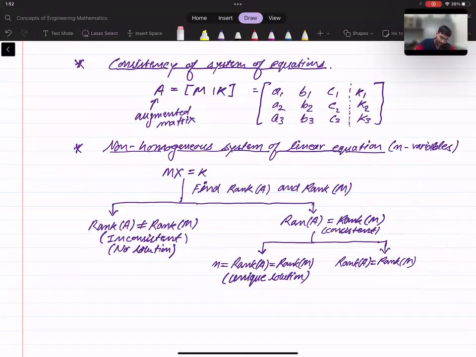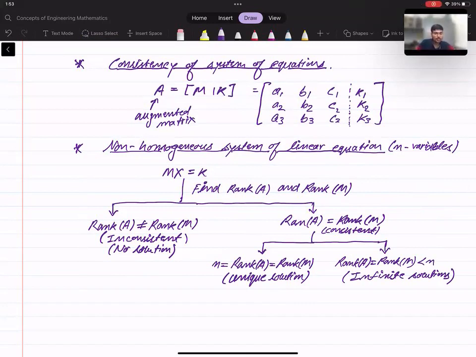So suppose the rank of M is equal to rank of A, but it is less than n, then in this case there will be infinite solutions. So this is the method to check the consistency of a non-homogeneous system of equations.